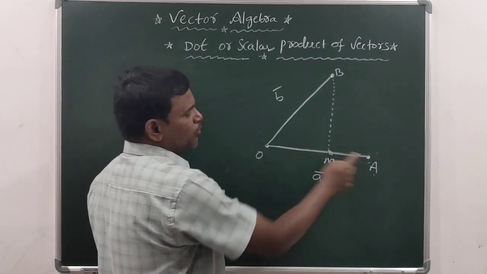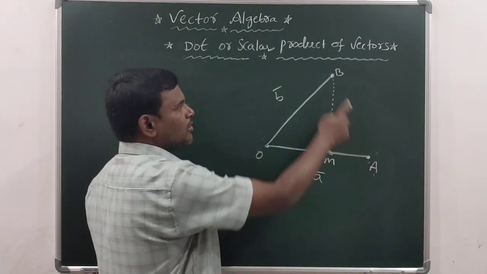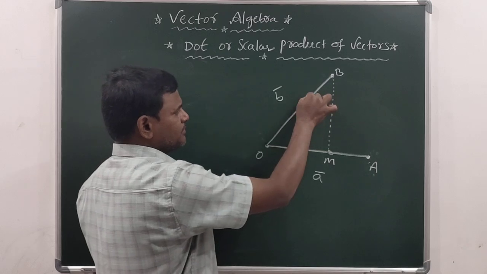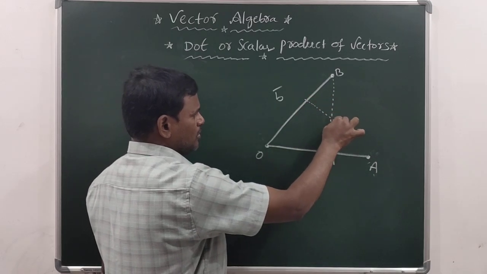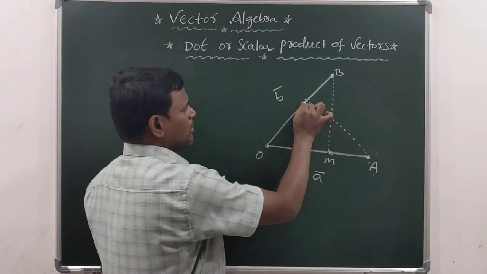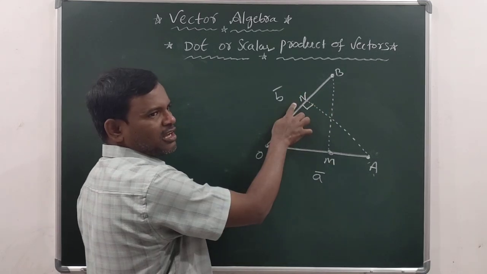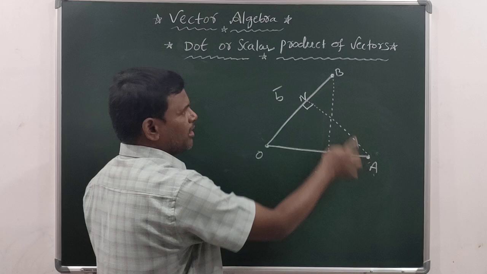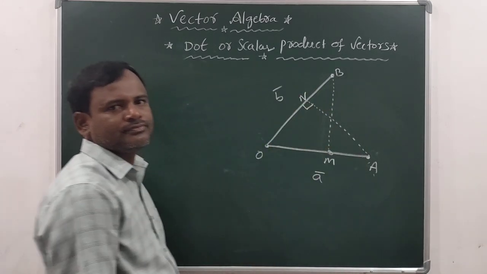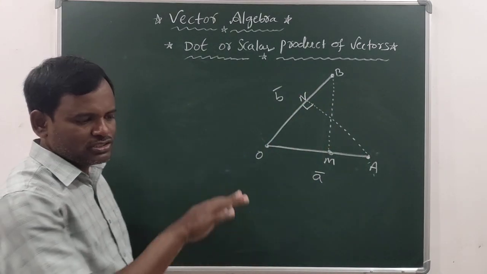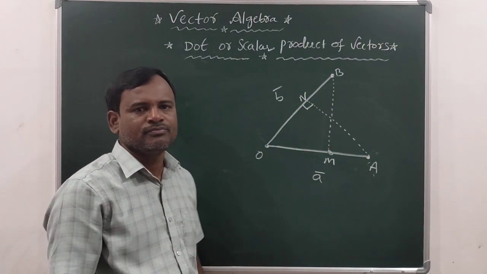And the projection of OA on OB is, see, let it be N. ON is the projection of OA on B. No confusion. Projection is nothing but shadow.